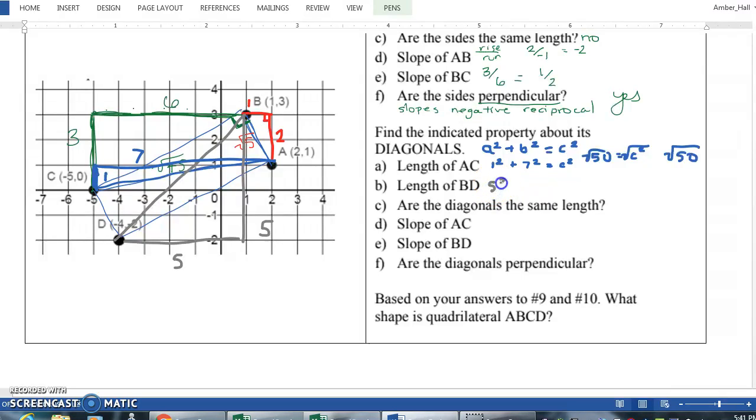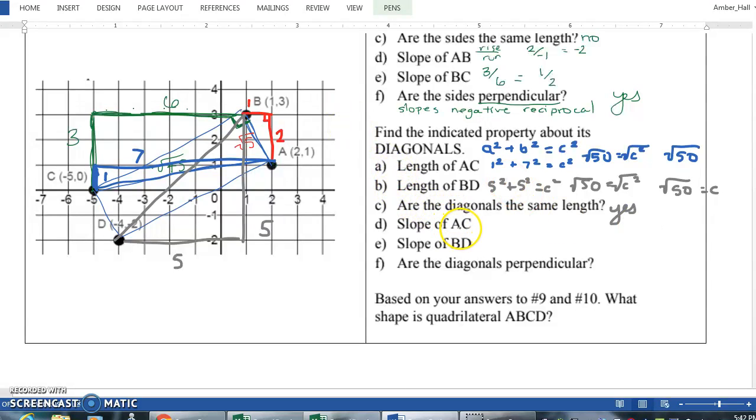So it'll be 5 squared plus 5 squared equals C squared. 5 squared is 25, so 25 plus 25 is 50. We take the square root, and the square root of 50 equals C. So are the diagonals the same length? Well, they're both the square root of 50, so yes, they are.